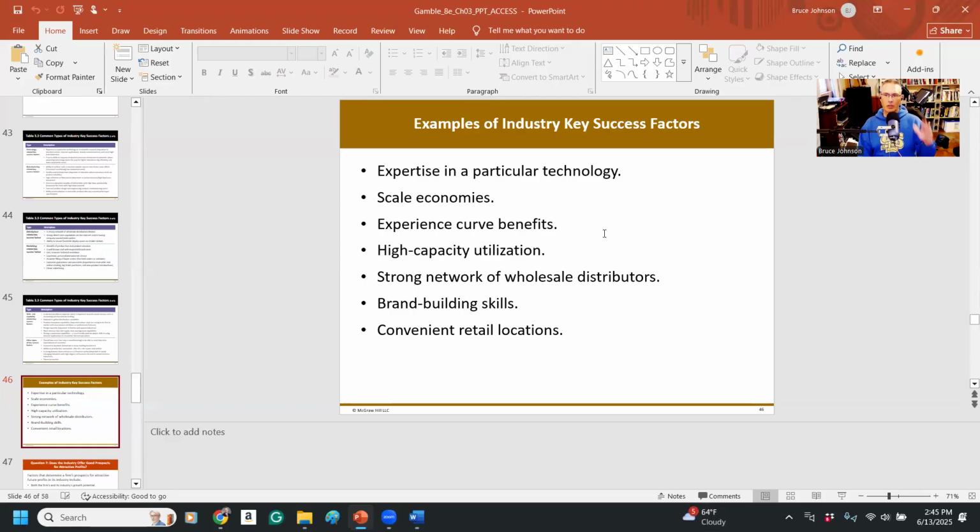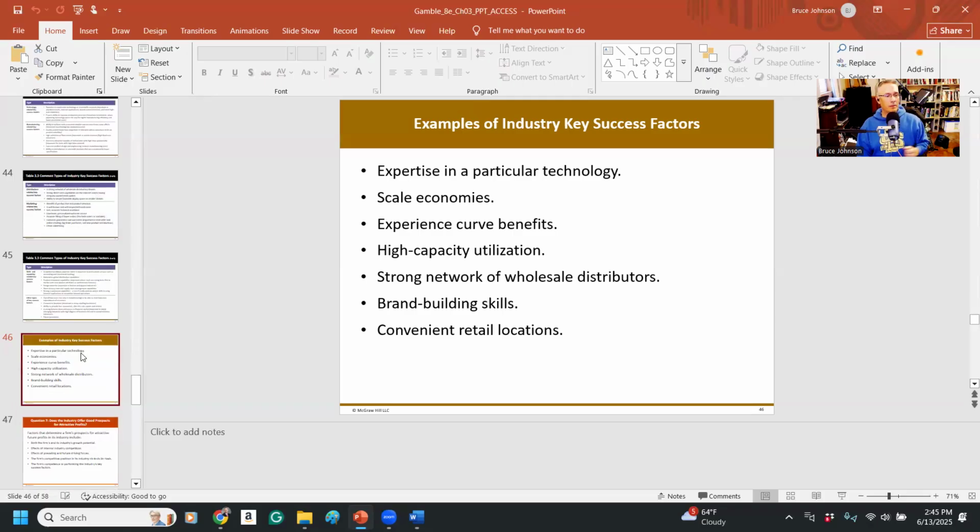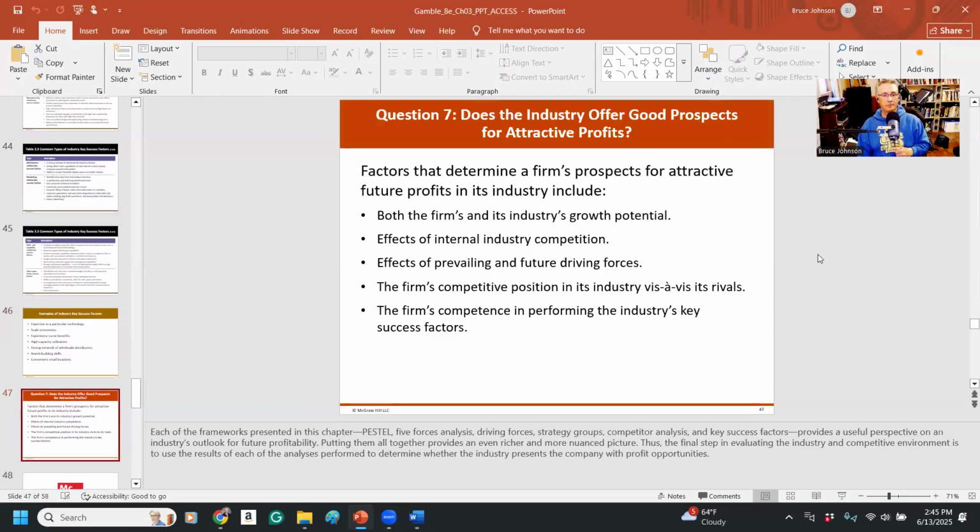That's that experience curve or learning curve. There's utilization, which also goes to economies of scale, and a network that can be established. There's brand building. This is a huge one we're seeing now with YouTube influencers and their ability to sell. Maybe an increase in key locations.